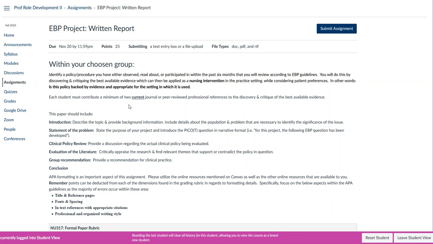Here's the thing with that, though. I don't want you to critique something that is a clinical practice guideline or an evidence-based practice guideline or a bundle of care. So that would be like the sepsis bundle or the CLABSI bundle or the CAUTI bundle. Those bundles of care are evidence-based practice.